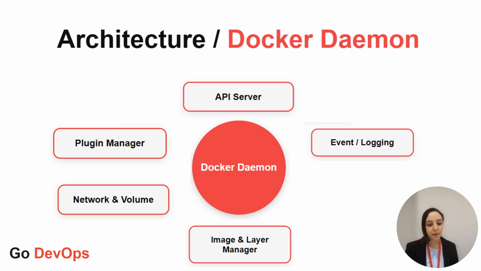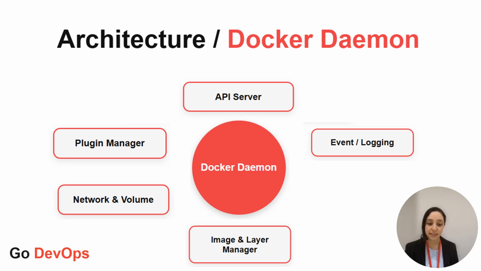We have the image and layer manager, which handles the image downloads, the caching, and the layered file system. It's usually stored with a storage driver. We can take the example of overlay2. We have the network and volume manager, which sets up the virtual networks and manages persistent volumes.